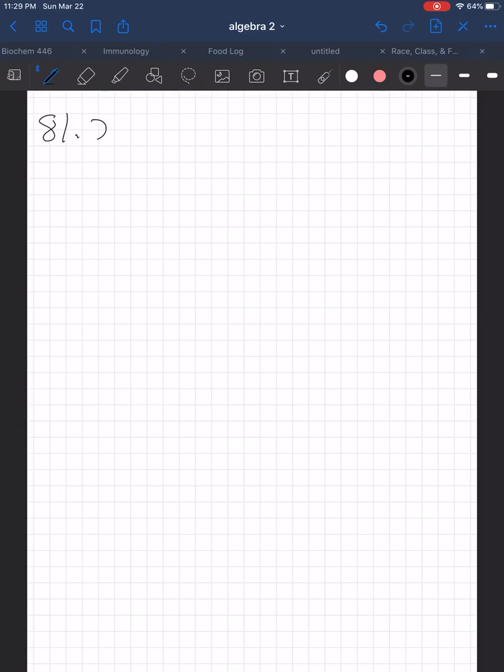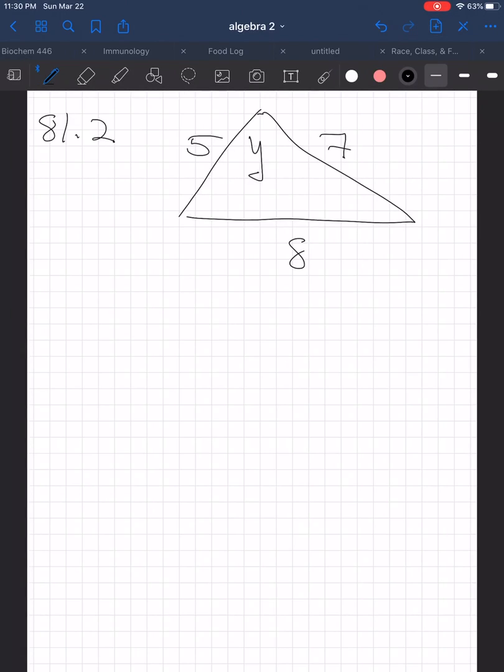On page 490, we have this triangle. This is y, this is 5, 8, 7, z, and x. Now in this case, we don't know any of the angles. So again, if there's an obtuse angle, I want to find it first.